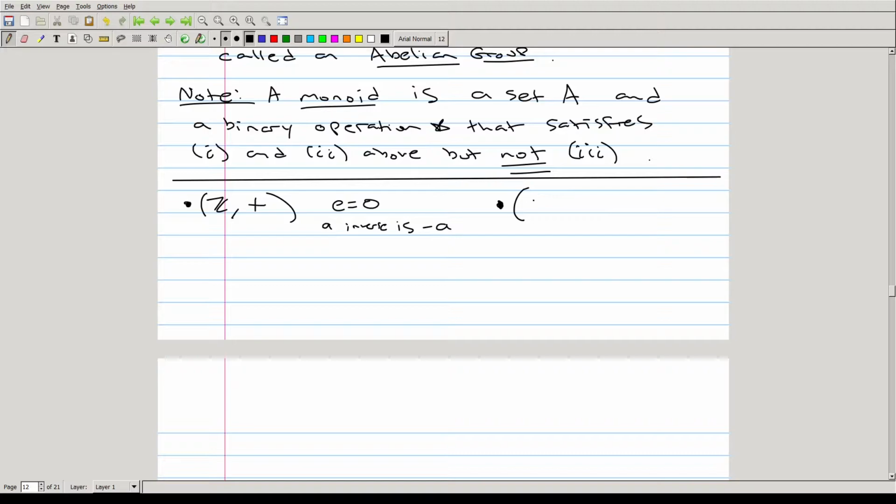We have that the set of rational numbers under addition is a group. The set of real numbers under addition is a group. The set of complex numbers under addition is a group, and so on and so forth.